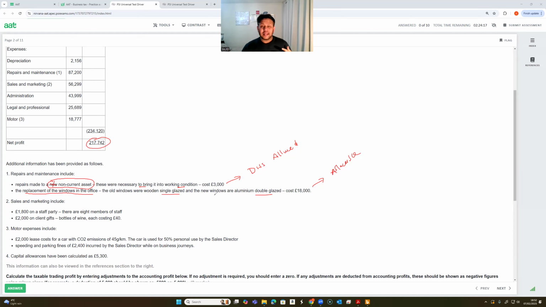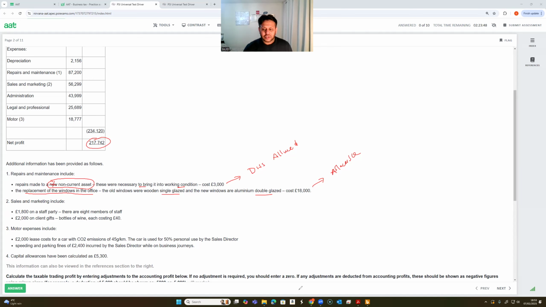But remember that here the improvement is done because it was necessary. It was necessary because, for example, if in this country everyone using now the double glaze, and if you have a home with the single glaze, so you have to make it for double glaze to keep the standard. So if you do it because you want to keep the standard, it is a revenue expenditure. It is not capital expenditures. So very important to remember that.